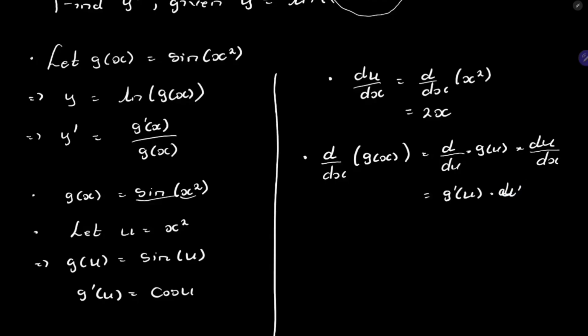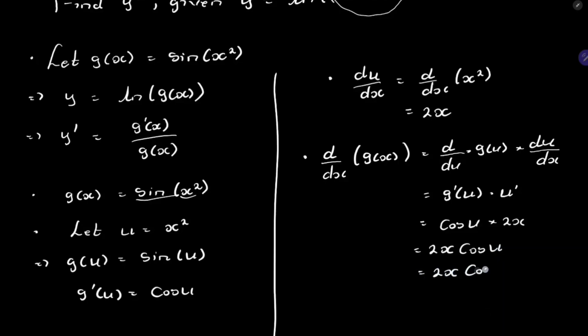This is the same formula which we have always used when we work with the chain rule. This gives us cos u times 2x, which gives us 2x cos u. But what is u? U is x squared, leaving us with 2x cos of x squared. So having done this, all we need to do right now is to replace this value in our initial formula, g prime of x divided by g of x.